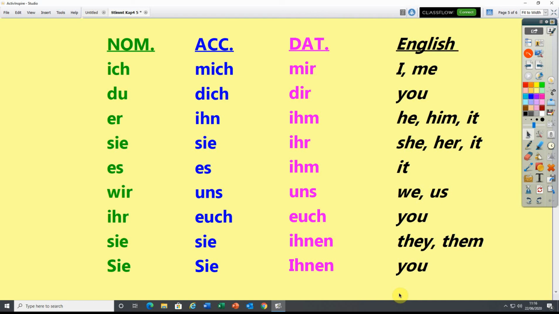So you could well say, I went to the park with him, mit ihm, with her, mit ihr, with them, mit ihnen. They went with me, mit mir, and so on. So whenever we need to use the accusative dative, if we're using pronouns, these are the forms we would use.